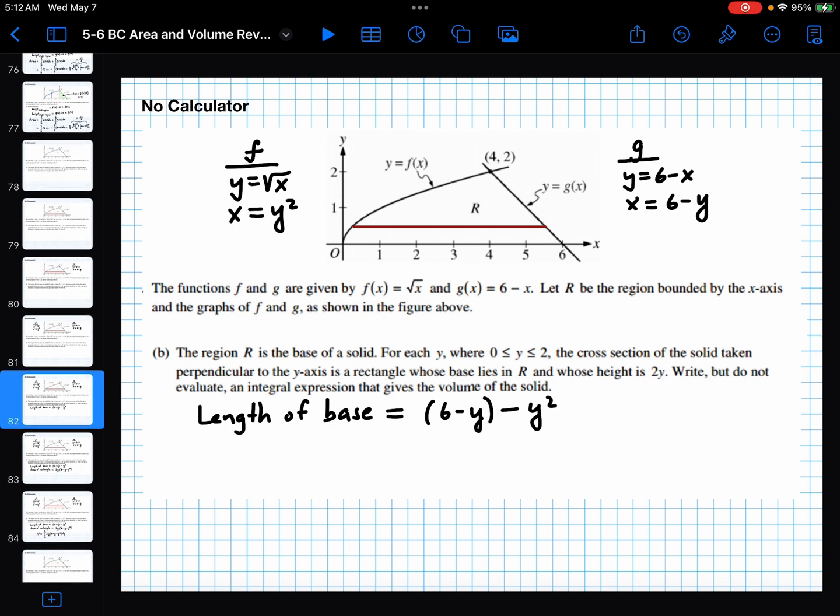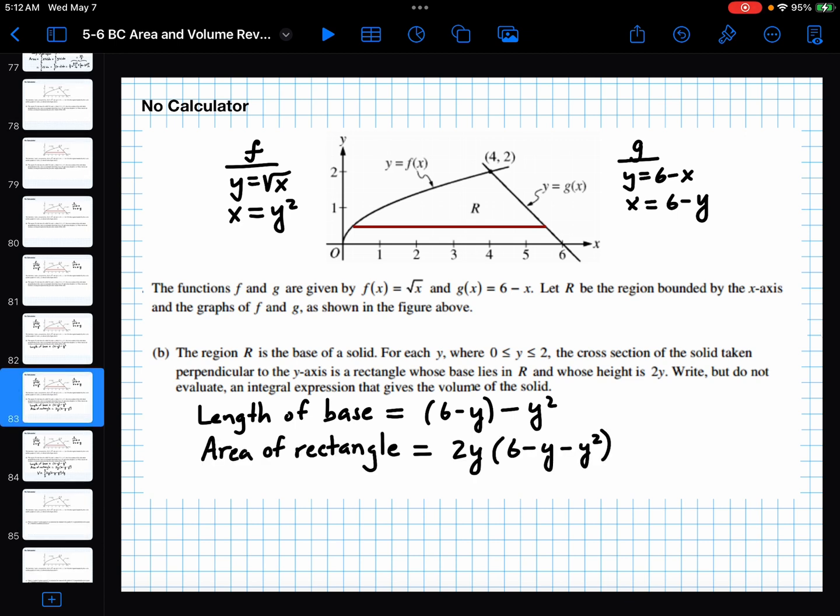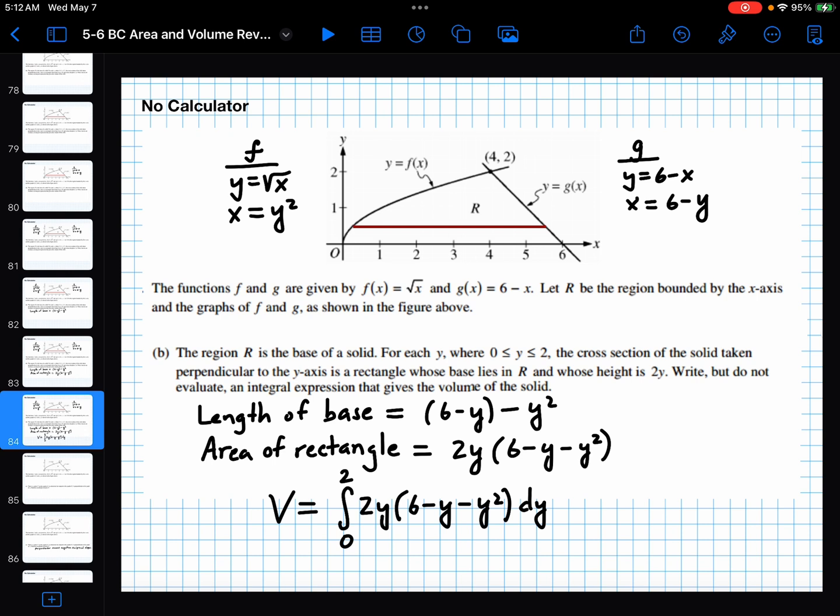These are rectangles, so area is simply base times height, although I wrote it here as height times base. And then you put it into your integral. Now your limits of integration are your lowest y value, which is 0 on the x-axis, the lower boundary of your region, up to the highest y value the region hits, which is at the intersection of f and g, and that's a y value of 2.